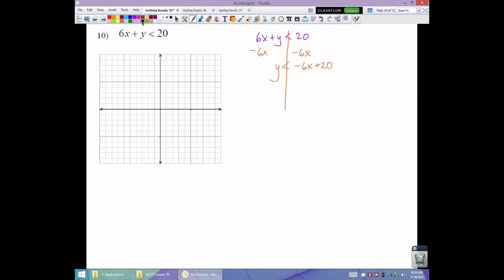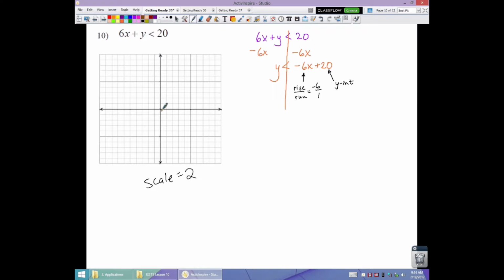I'm going to have to change my scale this time. My slope is just fine. Rise over run is negative 6 over 1. But my y-intercept of 20 won't fit on this grid as is, counting by ones. So let's say that we're going to use a scale of 2's on the x and y axes.